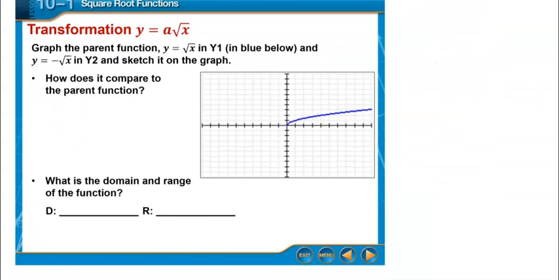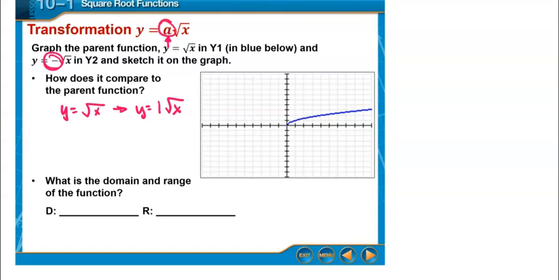So the transformation, when I have an A in front, the effect is to stretch and compress. So you can try this one and see how it compares. Oh, this one, we actually kind of need to look at this, because the only difference is that there's a negative right here. So this first one, y equals the square root of x, we can look at this as being y equals 1 square root of x.